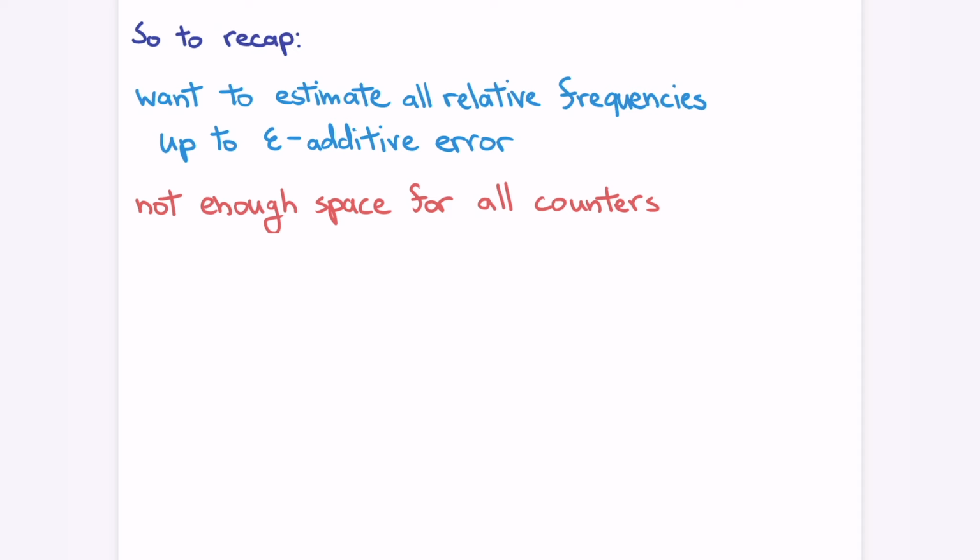So what's one observation that gives us some hope? Yeah. We will do something like that, but that wasn't quite what I'm looking for. Right now, I'm simply worried about the fact that there are so many elements. How can I have a counter for each one?